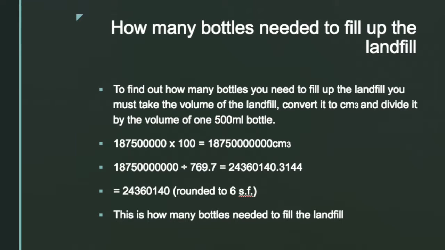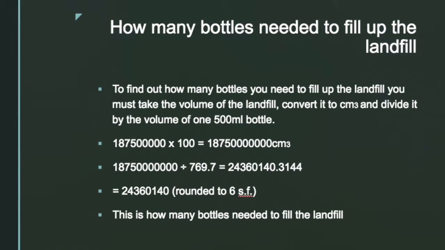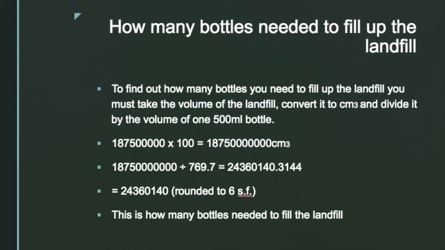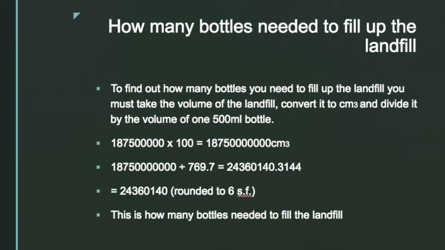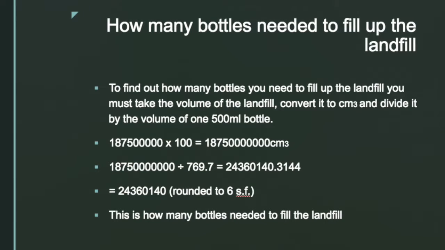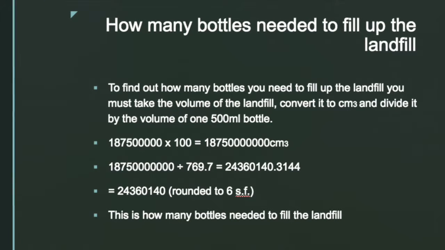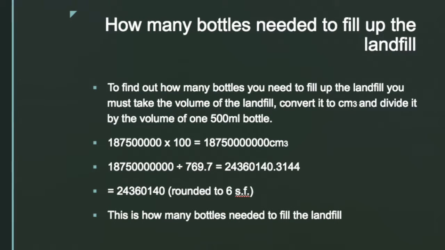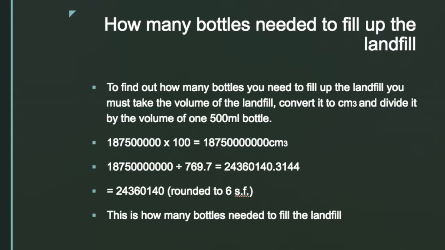Then we take that number and divide it by 769.7. This will give us 24,360,140.3144. Then we round it to eight significant figures, which is 24,360,140. This number gives us how many bottles we need to fill up the landfill.